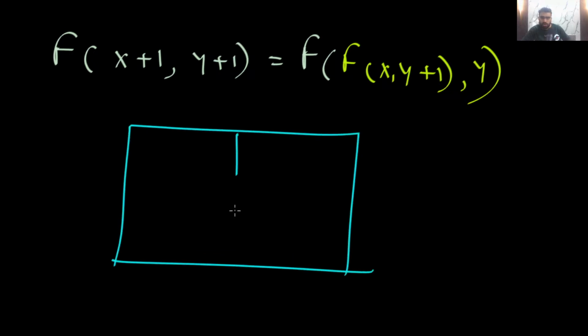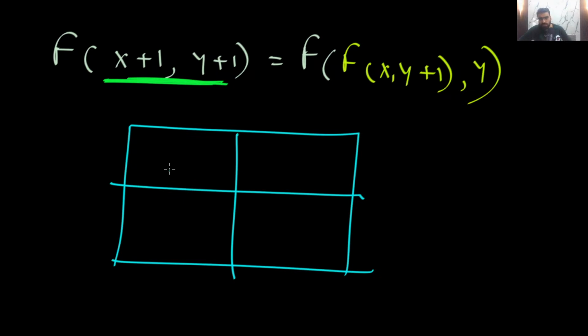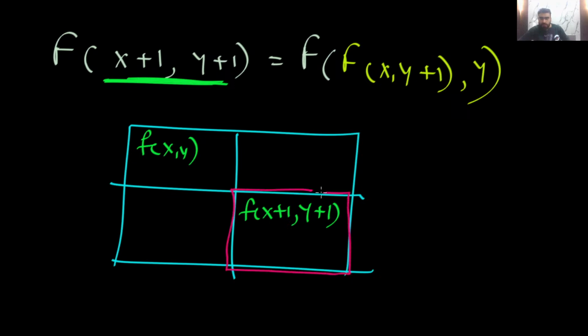In this table, let's assume you want x plus 1, y plus 1. If this is your f(x, y), then this will be your f(x plus 1, y plus 1). Agree with me? This is what you want to find out. You want to find out this entry.